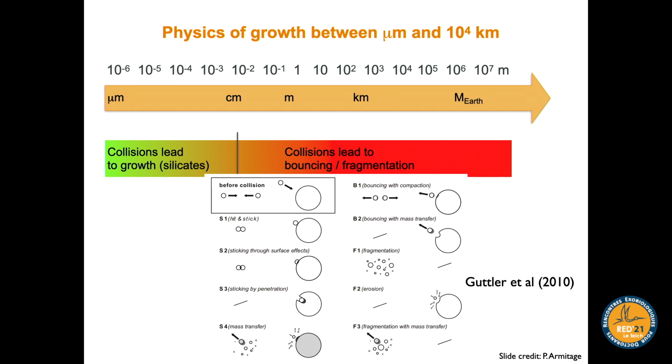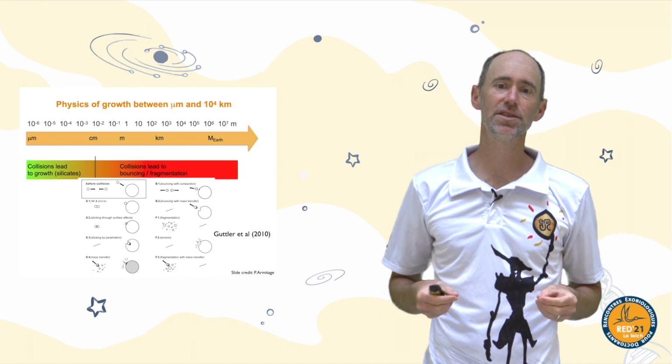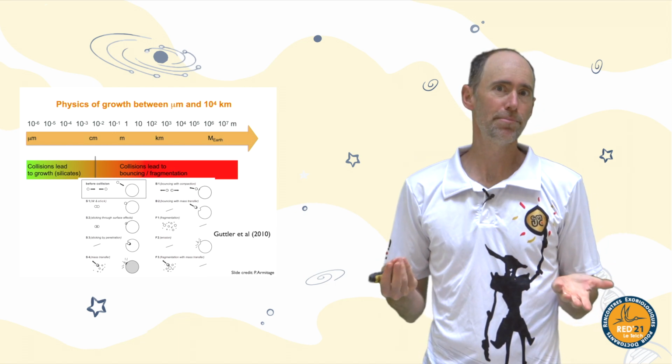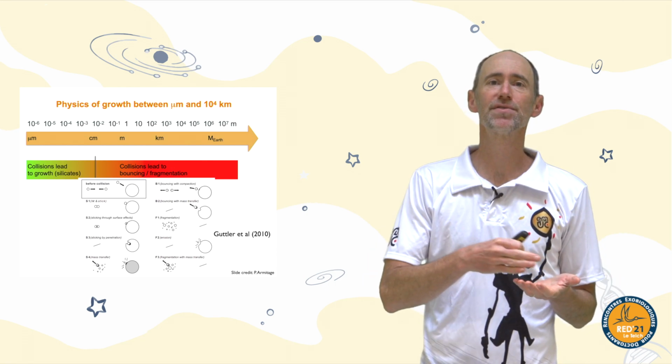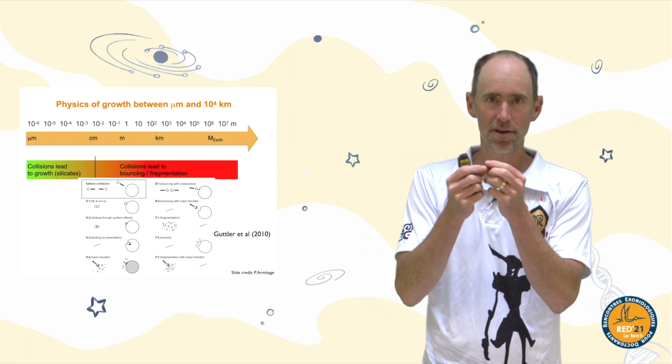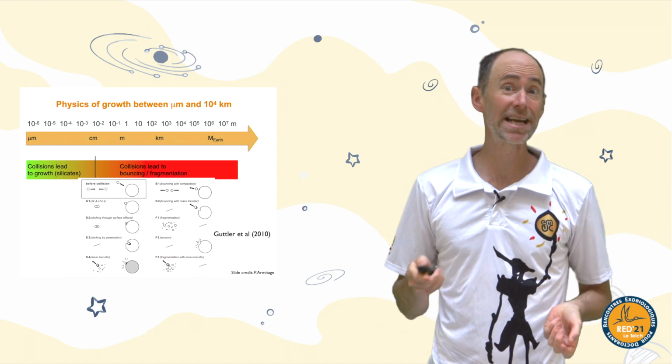There have been some really impressive, detailed laboratory measurements to show the different regimes of how dust sticks, when it sticks, what conditions are required, and exactly how large a body can grow by things bashing into each other. It's typically pebble size, centimeter-ish or so, about as far as this process will go before rocks don't grow anymore. They just bounce off, or they even break into small pieces.